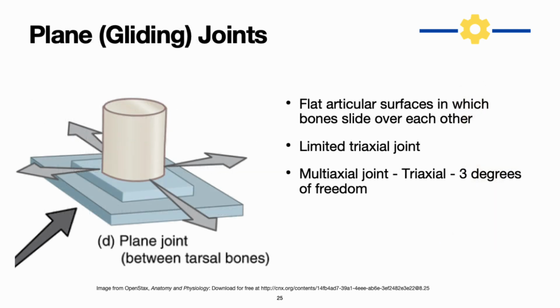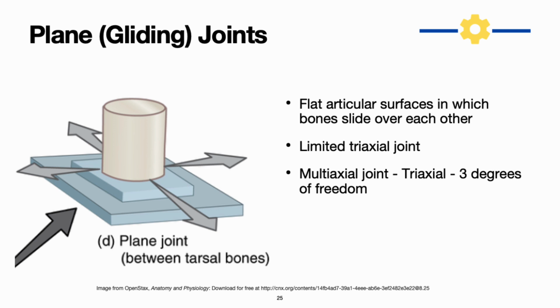Now, a plane synovial joint, also known as a gliding synovial joint, does allow motion in 3 planes, but often it doesn't have much motion. Even though the motion occurs in 3 planes, there is not necessarily a lot of motion allowed. It's basically wherever we see 2 flat surfaces come together, and those bones can slide on one another, back and forth, left and right, as well as rotate.